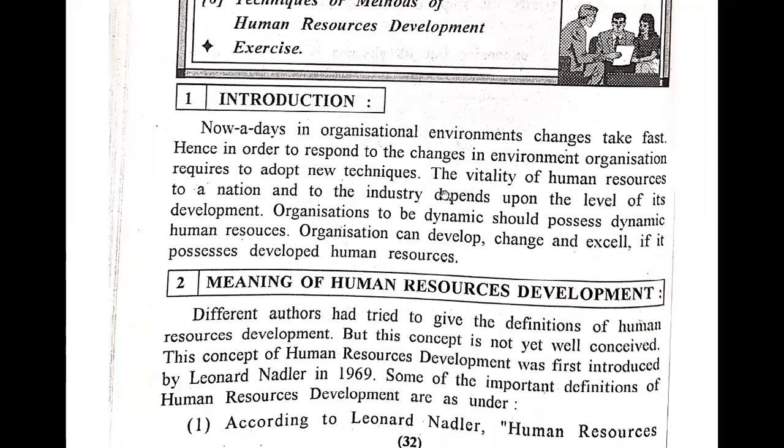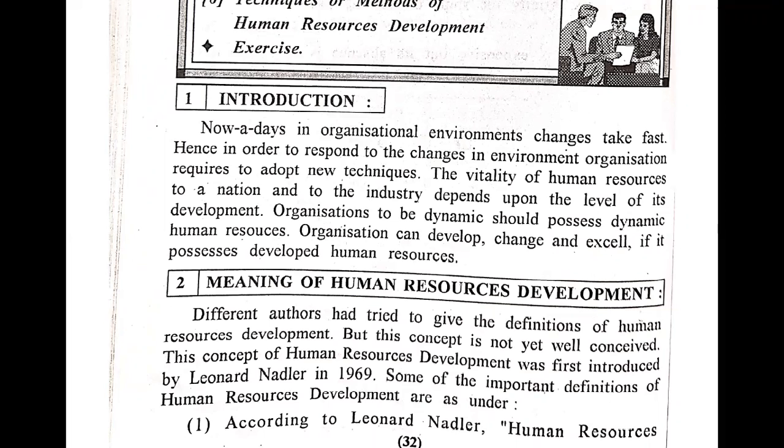So guys, here you can understand from the introduction that if any organization wants to be dynamic, wants to work properly and keep an impact on the market, then it must have a dynamic manpower.